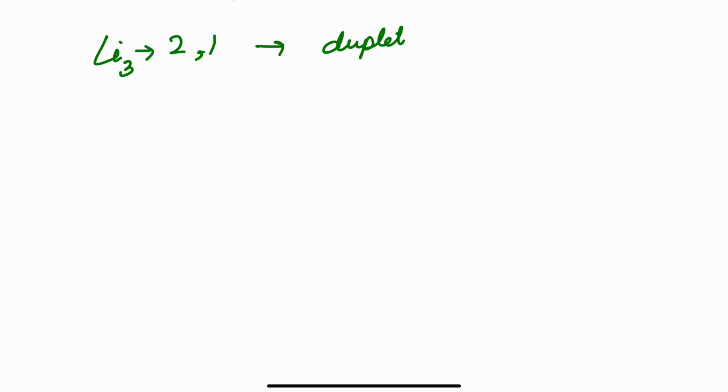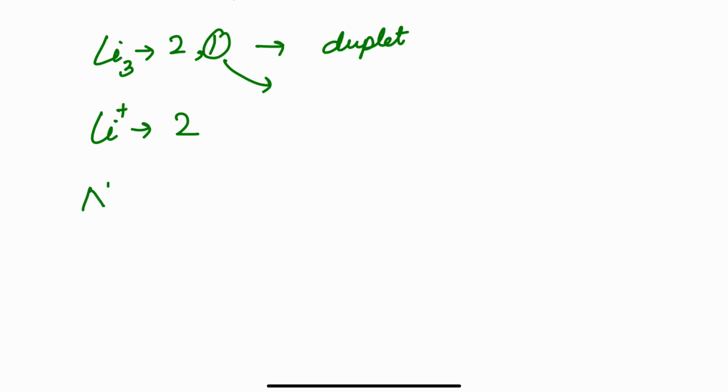Coming to next, we have lithium. Lithium is a metal. The atomic number for lithium is 3, so the configuration is 2, 1. To complete its duplet, it will lose 1 electron and become Li positive with 2 electrons.